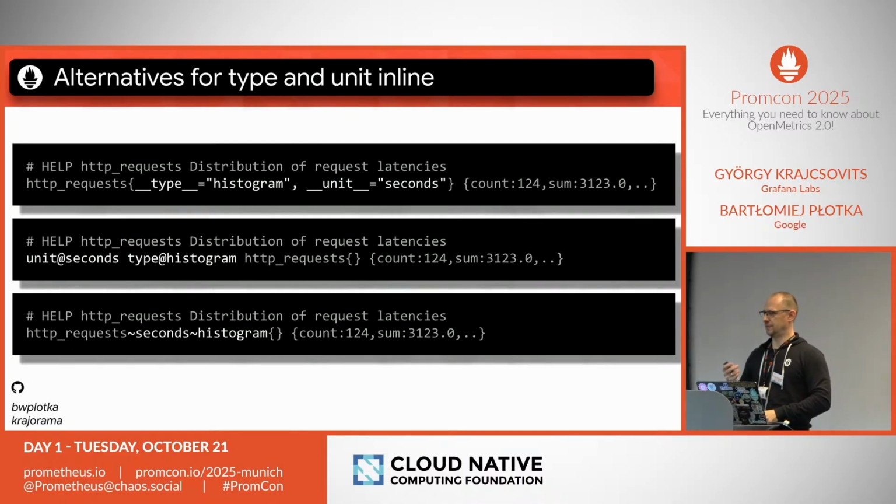Also, I don't know if anyone has used native histograms before, but you might have noticed that they don't have any suffixes, so you cannot tell from the name that it's a native histogram. This would solve that as well. Also, the first solution kind of dictates the implementation, which might not be a good idea. I could go on with other small changes, but I'll stop here and hand it back to Bartek.